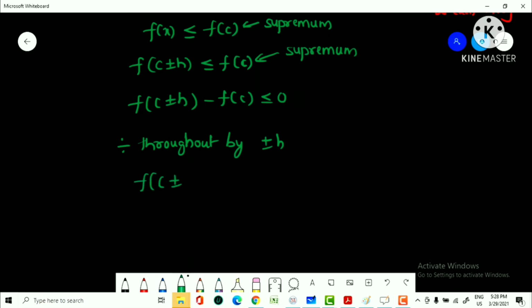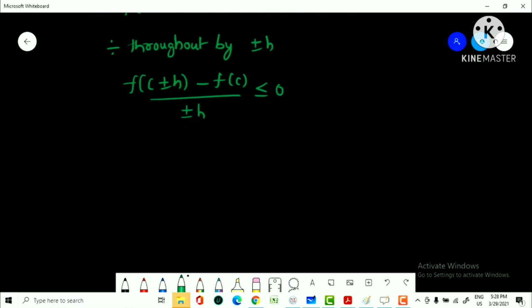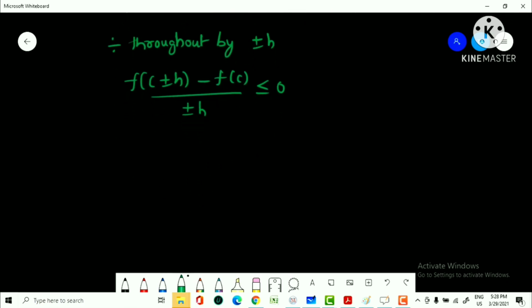What do I get? f of c plus or minus h minus f of c, whole divided by plus or minus h, less than or equal to 0. By looking at this, we can say if I include limit h tends to 0, this will give me the formulas of left hand derivative and the right hand derivative less than or equal to 0.